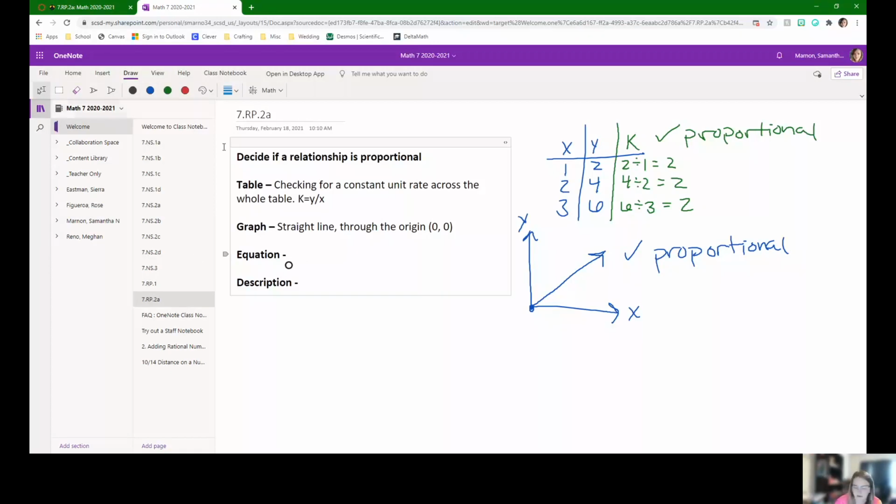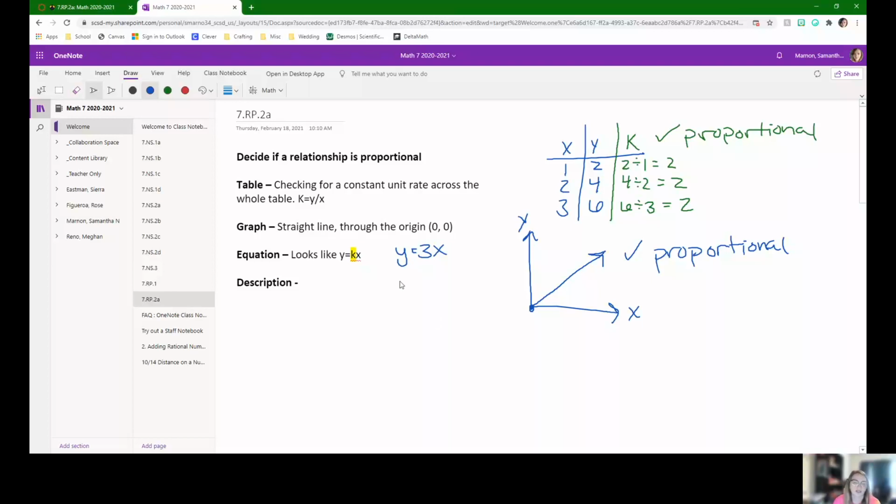Equations are kind of hard. They're going to be a little harder when we get to standard 2c, but really for proportional equations, it just needs to look like y equals kx, where k is some number that we put in there. So it could be something like y equals 3x.